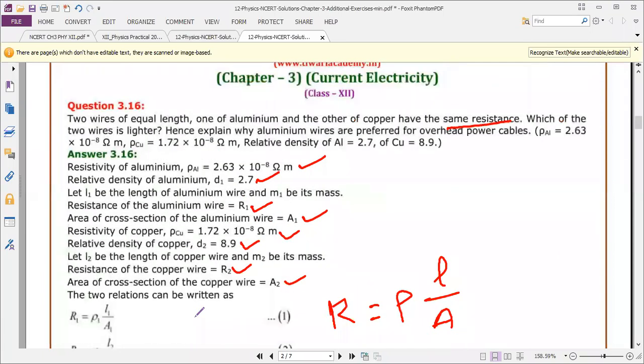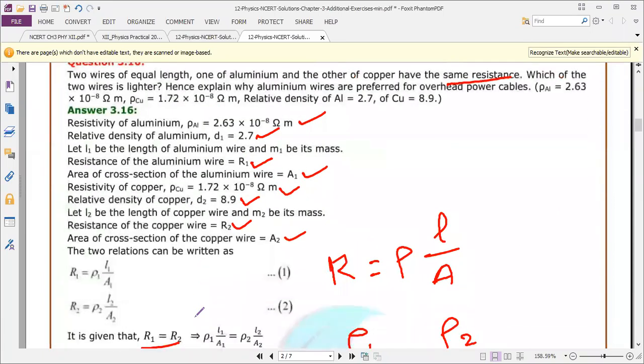Again I will explain, listen properly. Two wires of equal length, the length value is equal. One of aluminum and other of copper have the same resistance. Resistance value is also equal. Which of the two wires is lighter? You see, a very simple question, but you have to do the maximum calculation. Hence, explain why aluminum wire is preferred for overhead power cables.